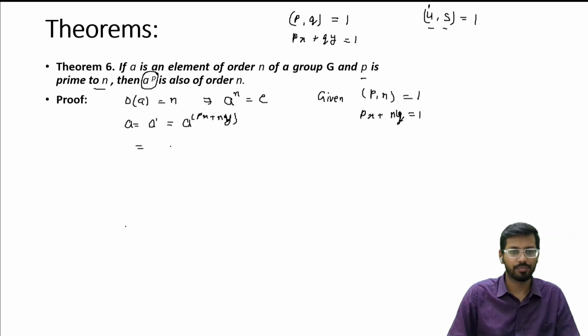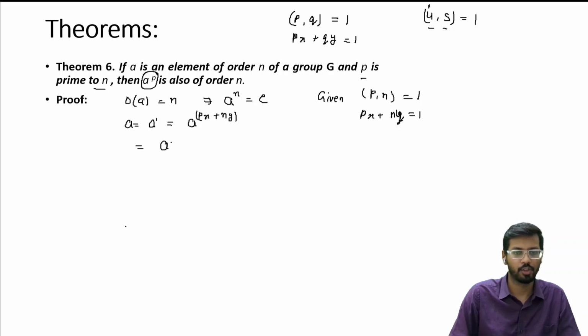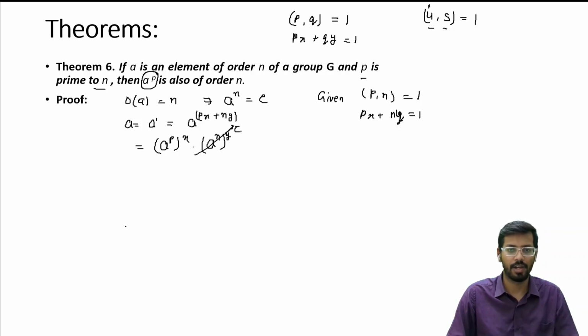So here, a raised to power px plus ny. Okay, so that is equal to a raised to power p raised to power x, dot a raised to power n raised to power y, and this a raised to power n is equal to the identity element.